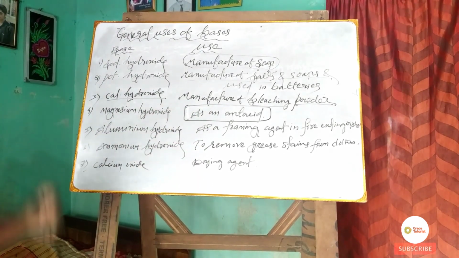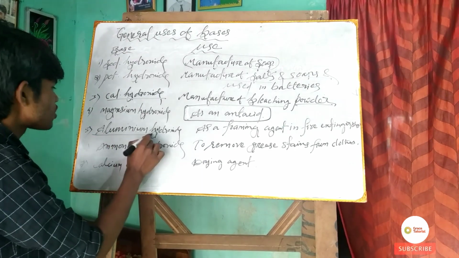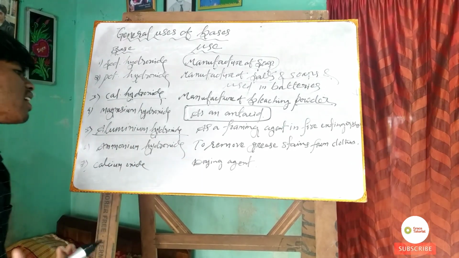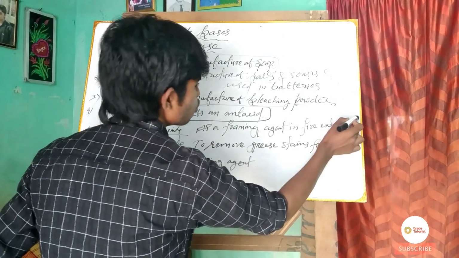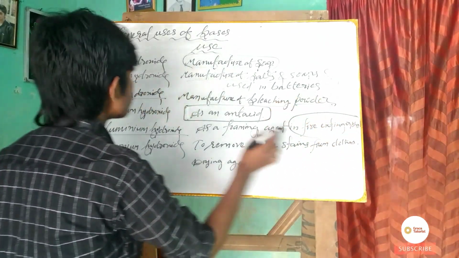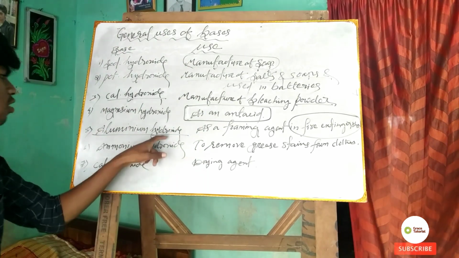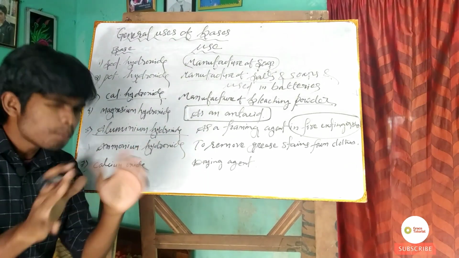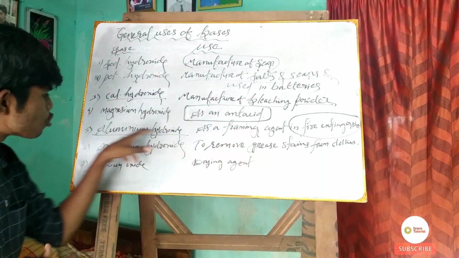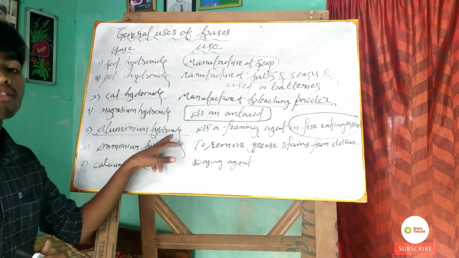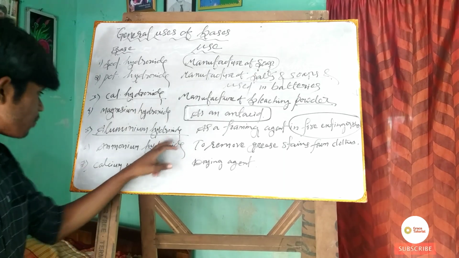Similarly, we have another base, aluminum hydroxide. Aluminum hydroxide is used as a foaming agent in fire extinguishers. So, which base is used in the fire extinguisher as a foaming base? You need to say aluminum hydroxide, that is AlOH3.